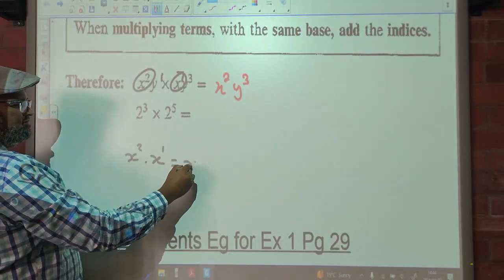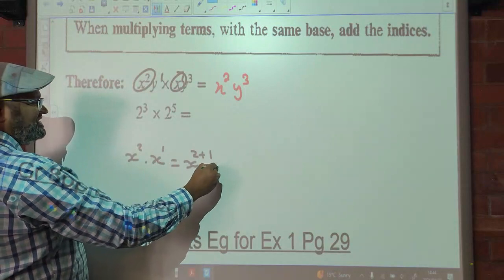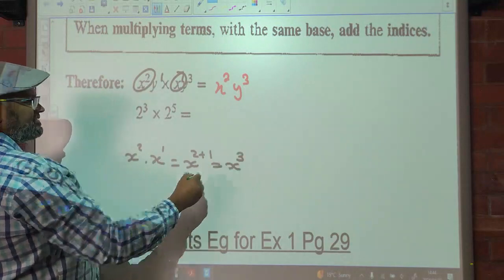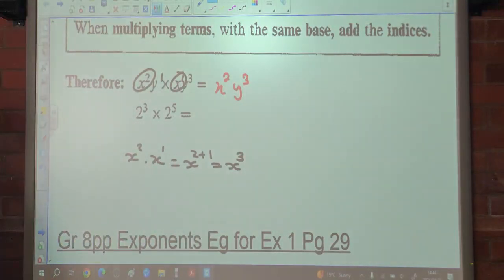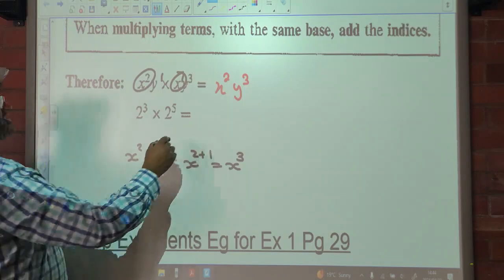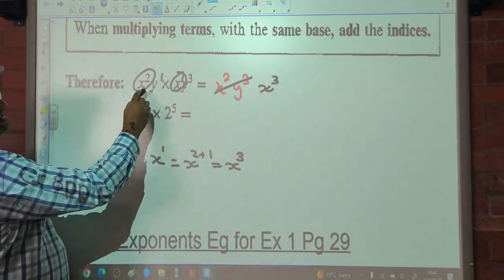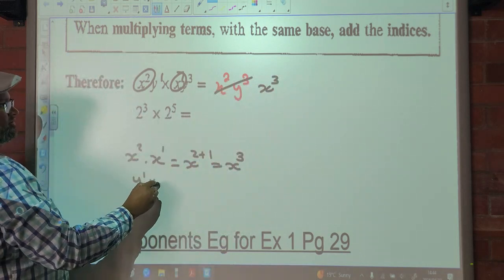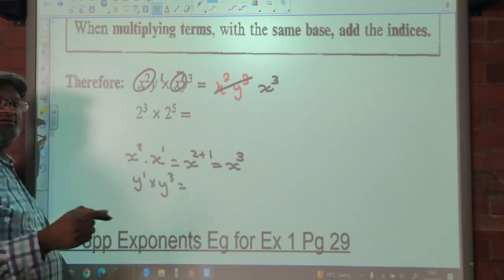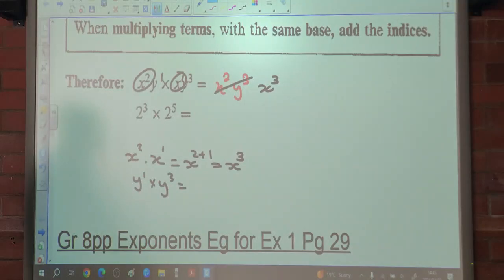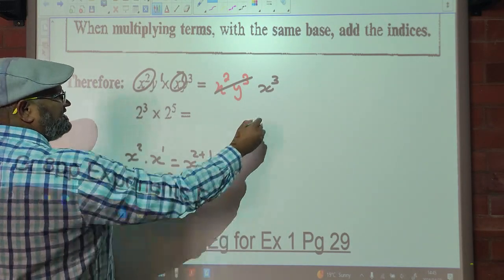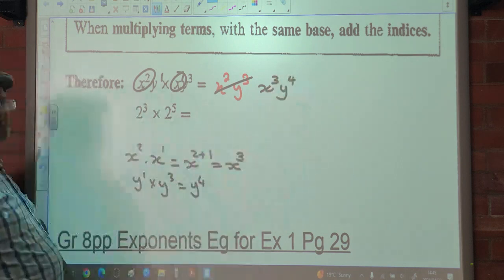When bases are the same, I must add the exponent. In other words, this will be x cubed. What is y to the 1 times y to the 3? Y to the 4. So that is going to be y to the 4.